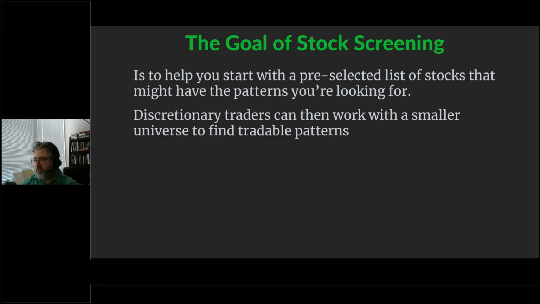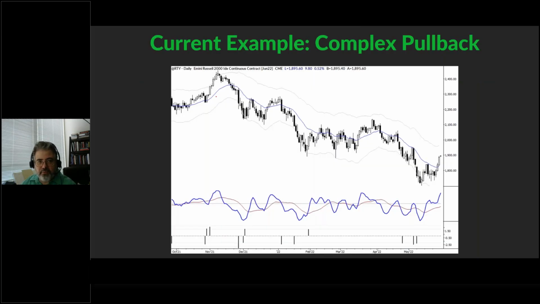Let's switch gears just a little bit as we slide into the end here. I want to look at some current market examples, and we're going to go through a bunch of stock charts. Some of these we have talked about, and these charts were captured over the weekend. These are opportunities that I think are maybe some of the best right now. This complex pullback in the Russell certainly bears watching.